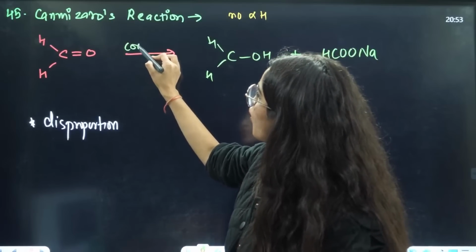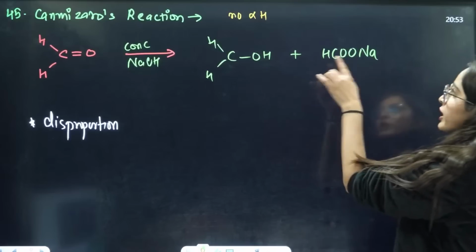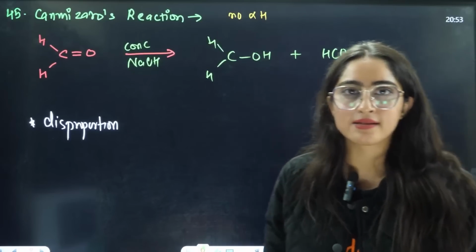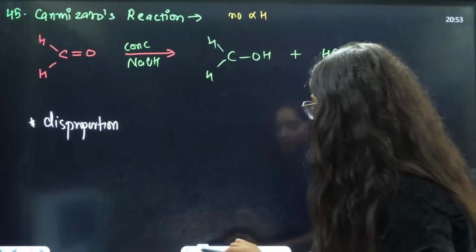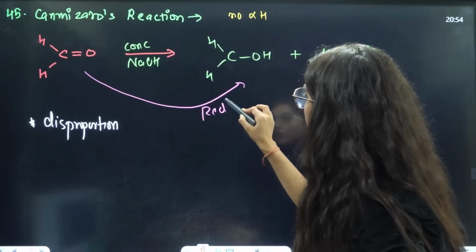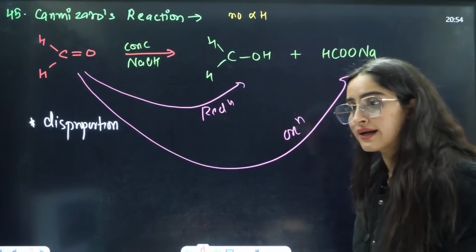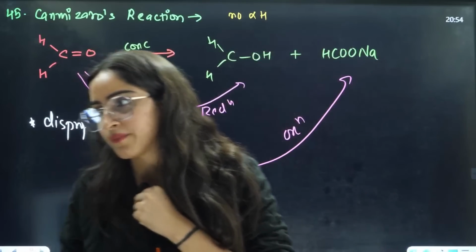So here you are using concentrated NaOH or KOH. If you are adding NaOH, it will be the sodium salt of carboxylic acid. Why is it disproportionation? Here you have the reduction, here you have the oxidation. That is why it is a disproportionation reaction.